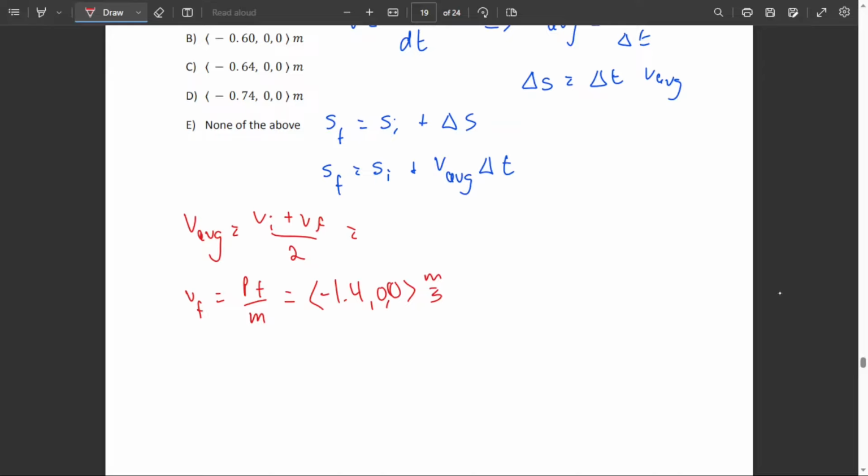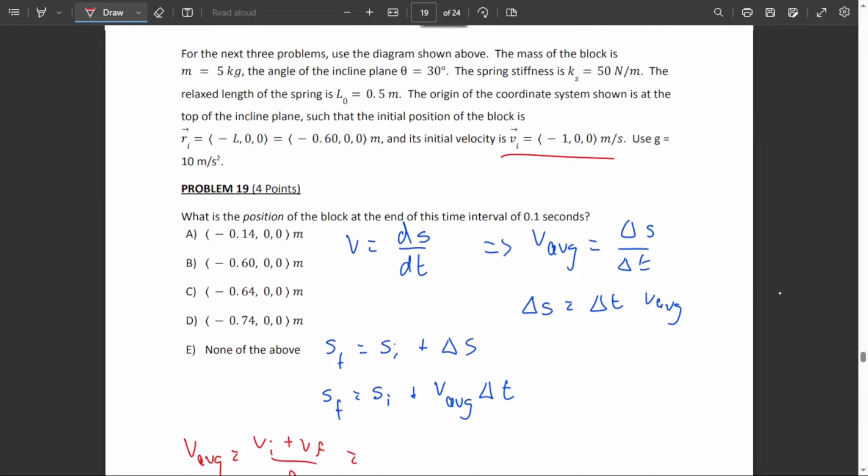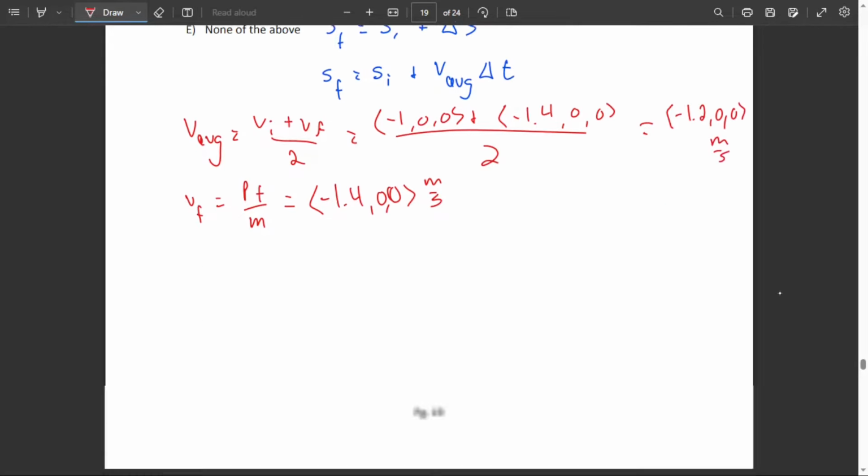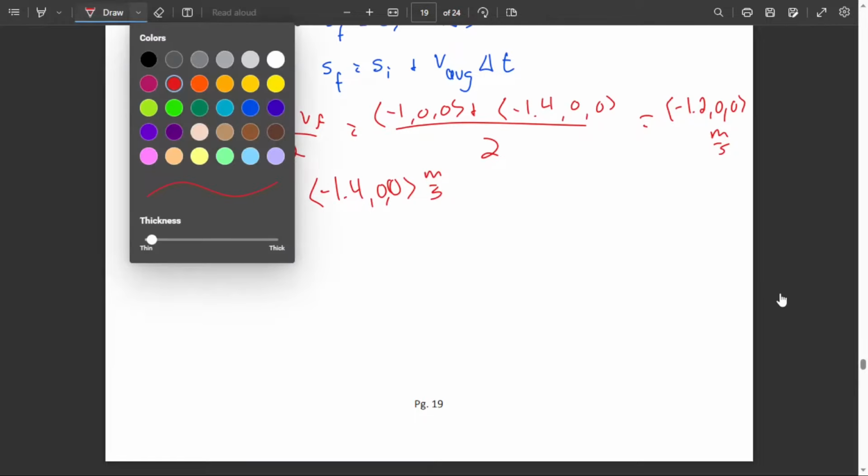So then our average velocity is going to be minus 1 plus minus 1.4 over 2, or we're going to get minus 1.2 meters per second.